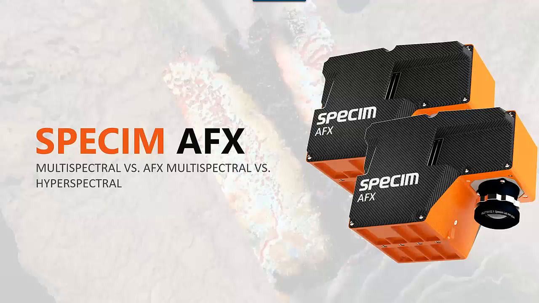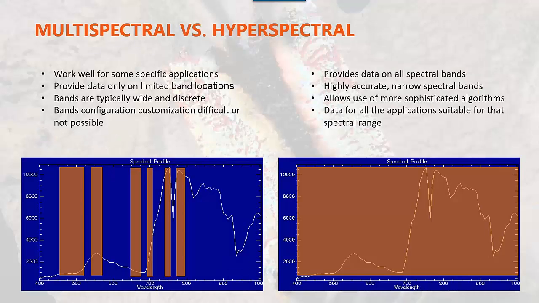Then multispectral versus hyperspectral. The one on the left is a typical multispectral configuration where the bands are located on certain fixed, discrete locations. The bands are relatively wide and you cannot customize the locations easily, certainly not before the missions. So these are good for some specific applications, but for others, it's not easy to customize them.